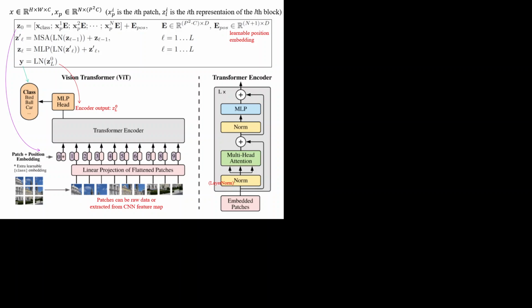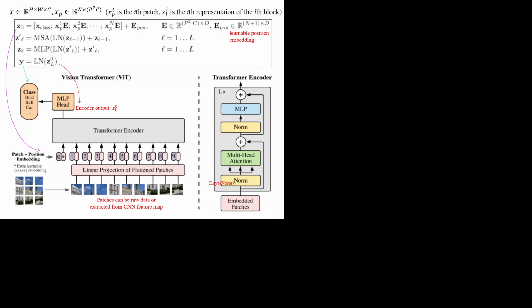Each position ID gives a spatial location. It's learnable, so the position vector is learnable. You can think of it as a linear layer that can be learned. That's what we call a learnable position embedding.